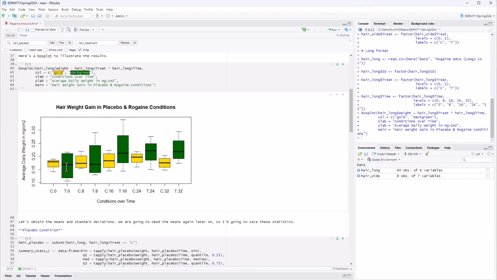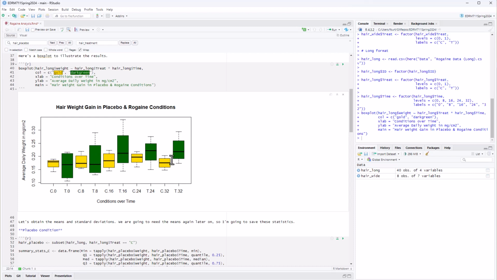But looking at time 0 leads me to believe that the variability actually was pretty high to begin with. So when I see time 16, for instance, with a whole lot of variability because of the Rogaine treating women a little bit differently, it's not as pronounced as one might suspect because of the wide variability before we ever began.